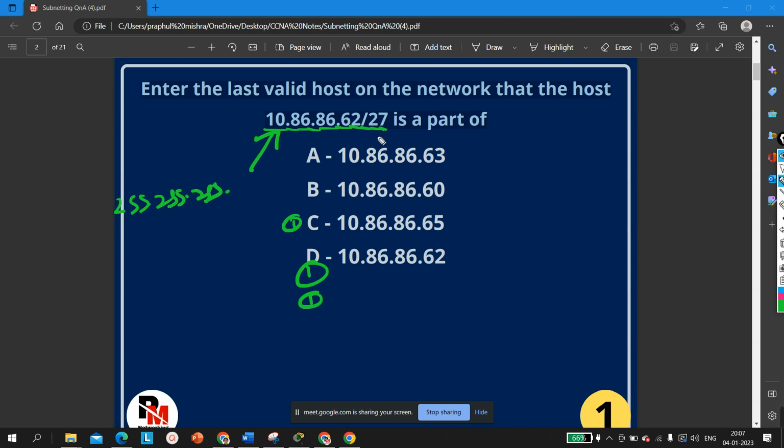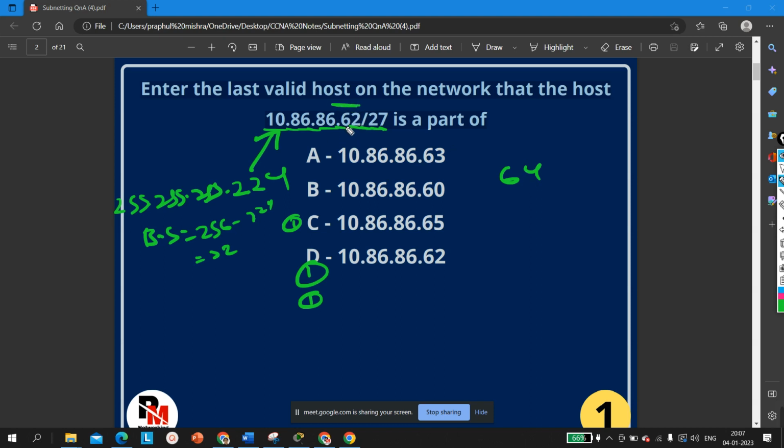And in fourth octet, there are three network bits. So it will be 224. So block size will be what? 256 minus 224, 32. 32, right? So what will be the network ID?